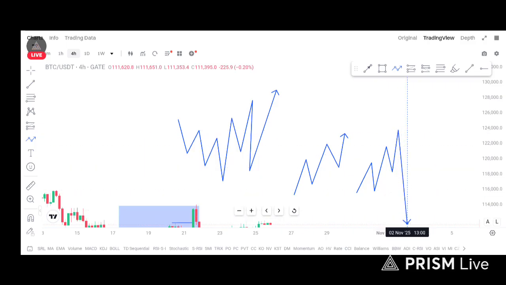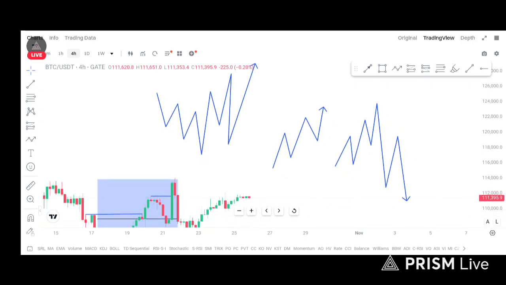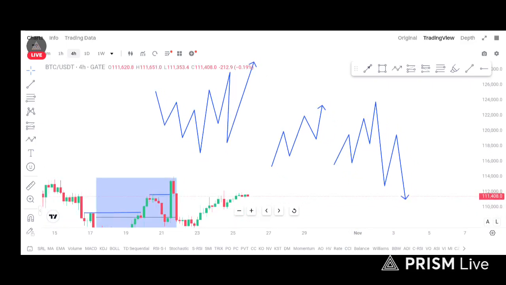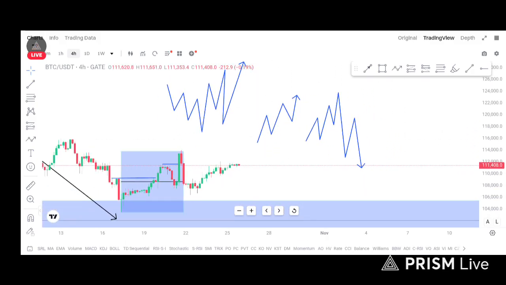And market breaks these two lows in one go. Okay, so we have already changed trend, so we are expecting market to continue going to the downside, right? So that's it. If you get a double break of a high or a low, it also indicates a change of trend.